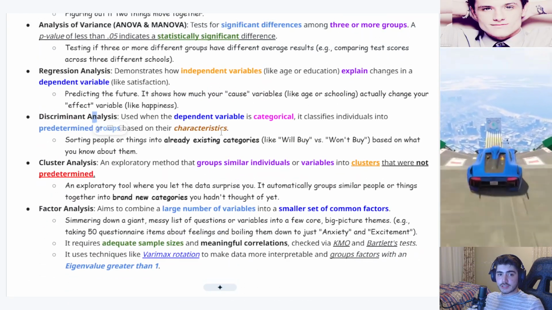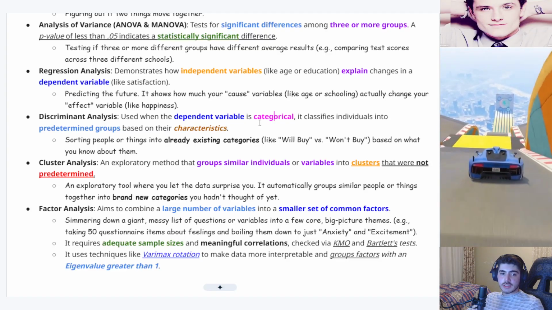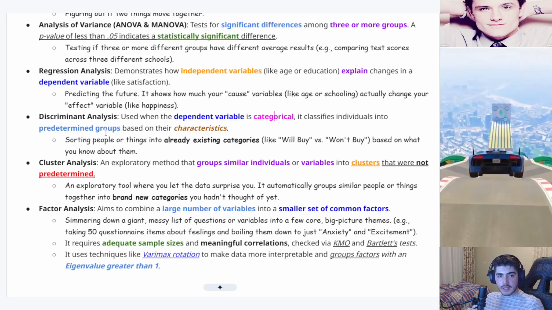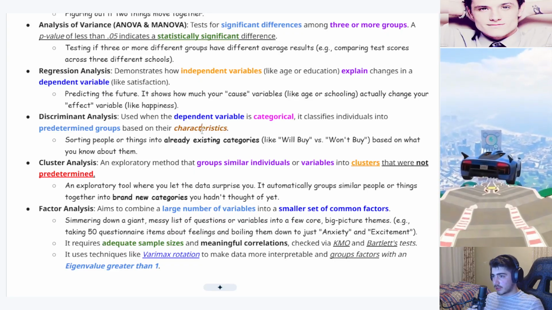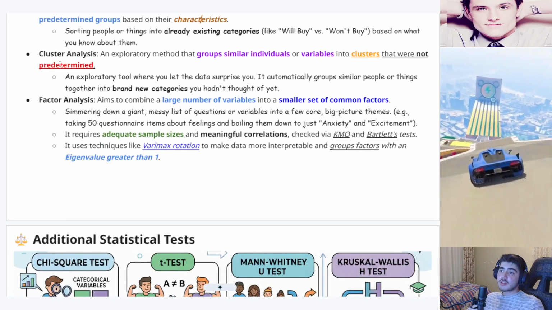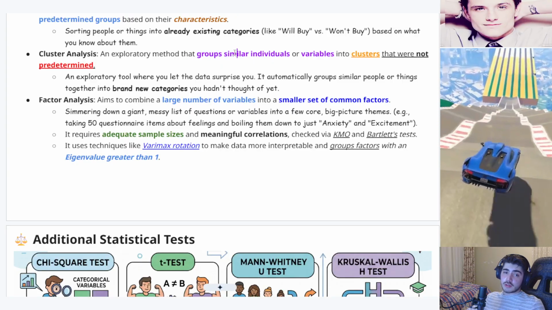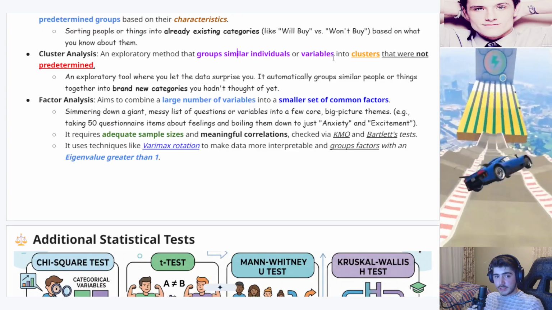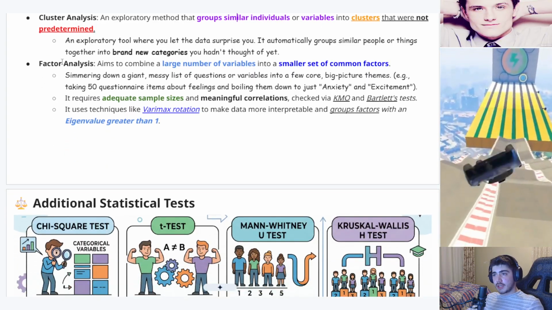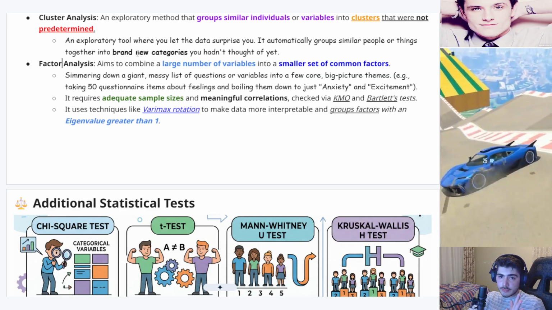Discriminant analysis tries to put dependent variables into categories based on characteristics, but the categories are already existing. Cluster analysis is the same thing, but when you don't have predefined categories. Factor analysis tries to combine a large number of variables into a smaller set of common factors.